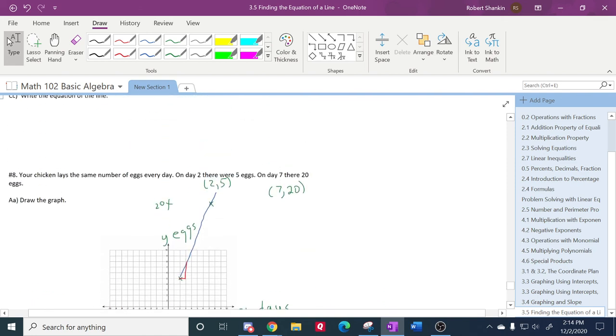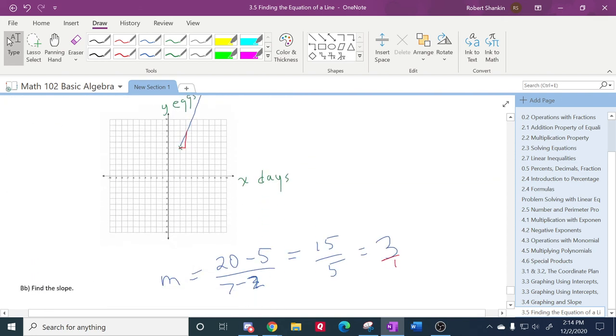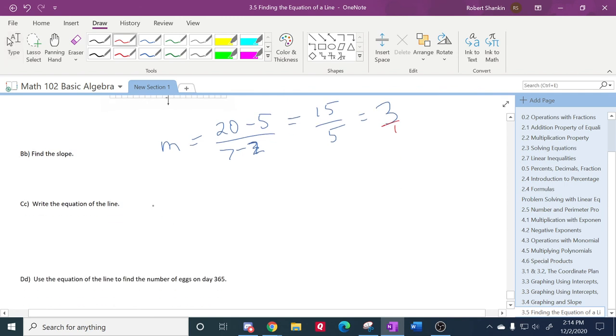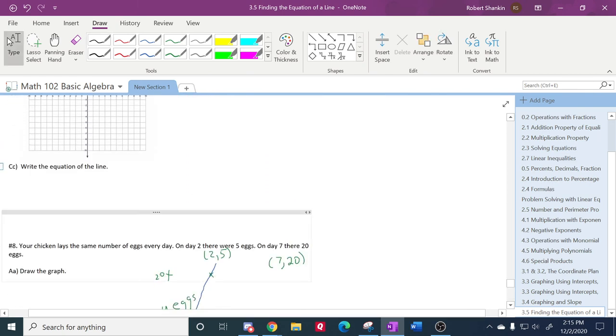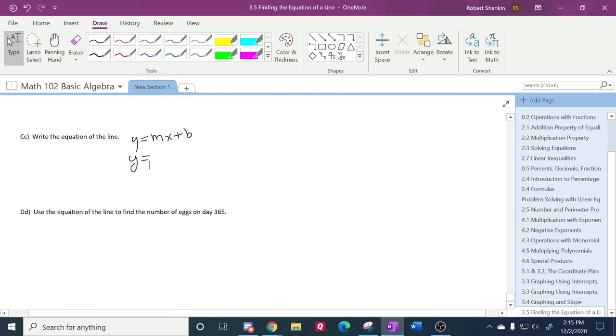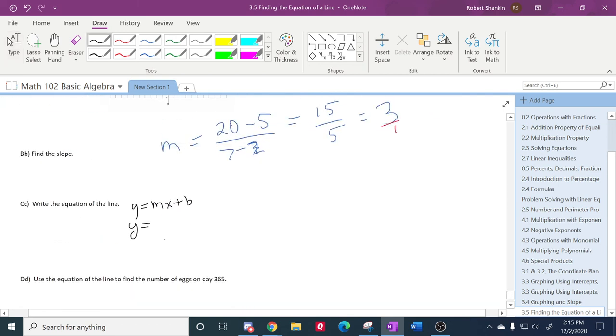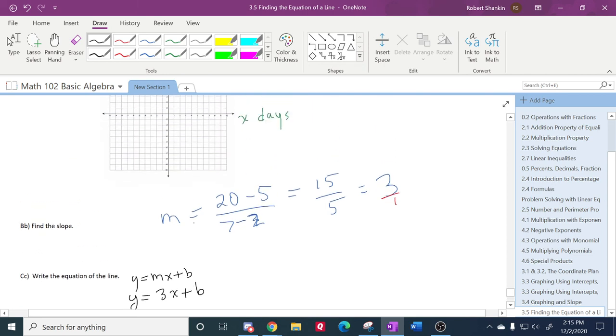Find the equation of the line. Alright, so I'm going to write y equals mx plus b. I don't know what the b is, because it gave us 2 points, but neither of them, (2, 5) or (7, 20), had a 0 for its x-coordinate. So all I can do is plug in the 3 for the slope, and then I can plug in one of the known points.